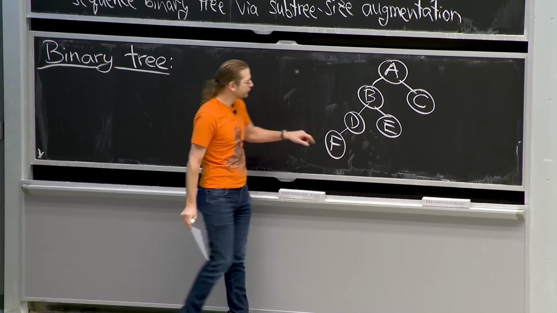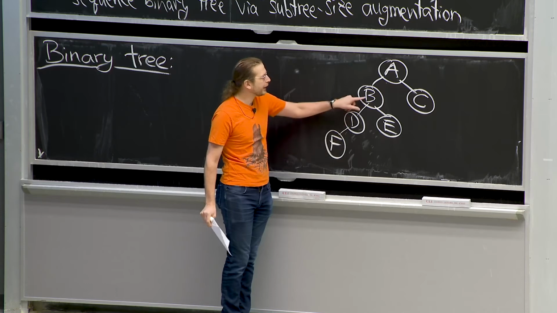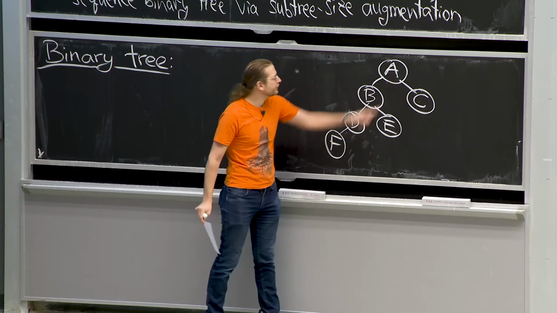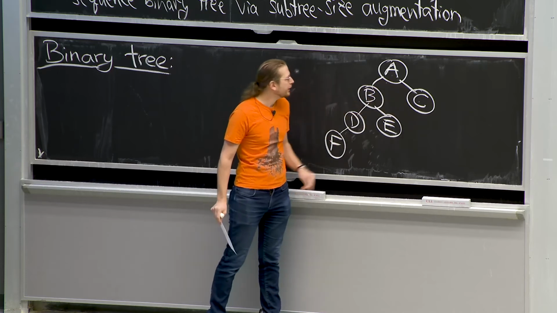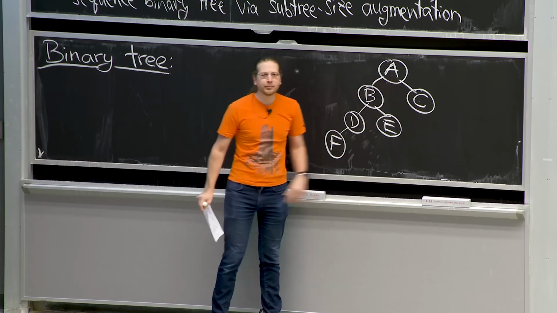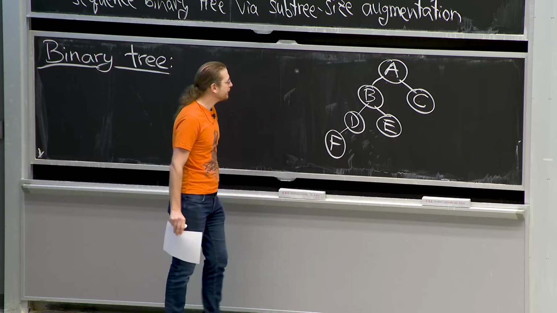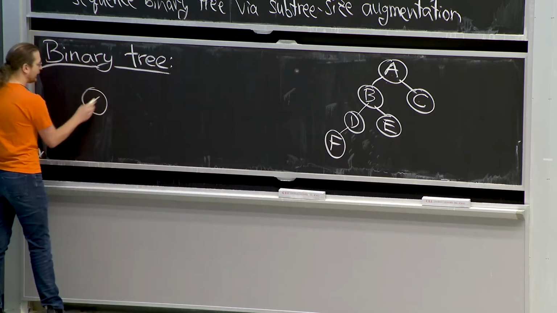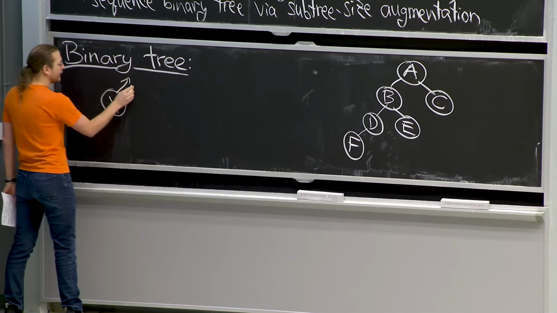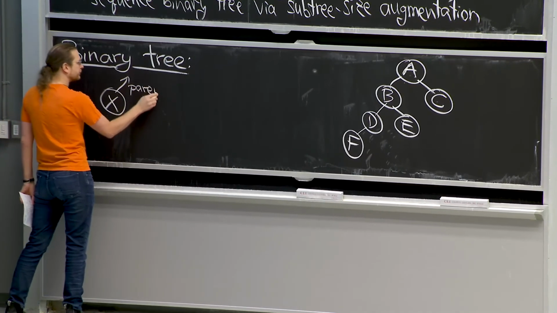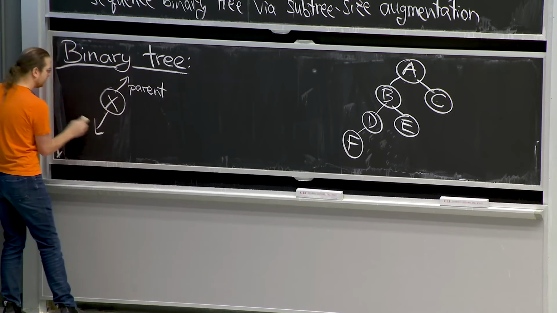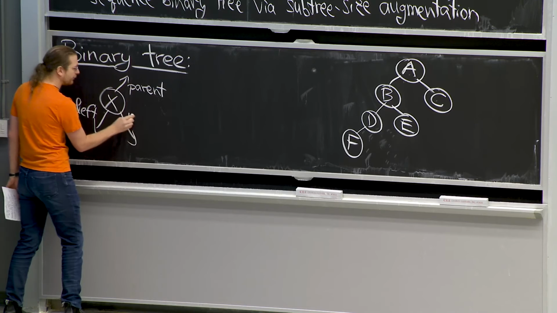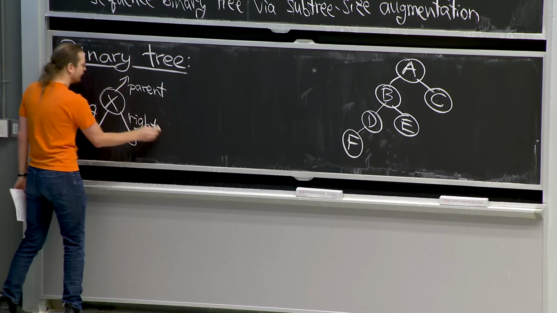It has a bunch of nodes, which we're drawing in circles. It has items in the nodes, which I'm writing as letters here. So this is item A, item B, item C. And it has these links between them. This is like linked lists. But in general, a node X is going to have a parent pointer, a left child pointer, and a right child pointer.